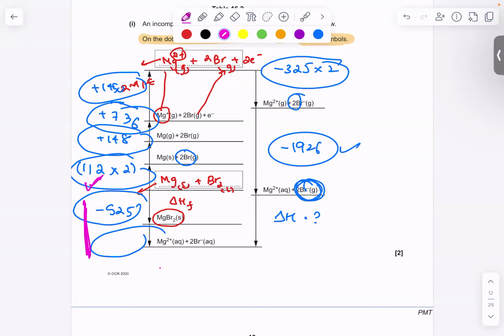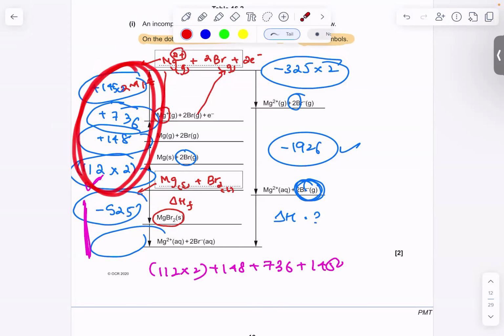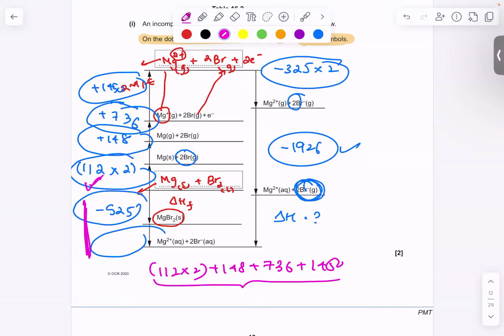So that would be 112 times 2 plus 148 plus 736 plus 1450. Are you following this? So this all makes up plus 2558.